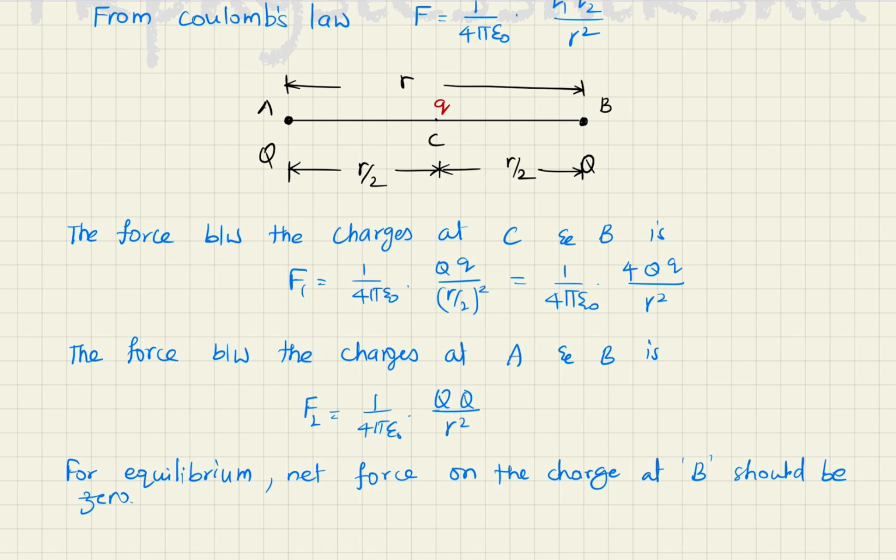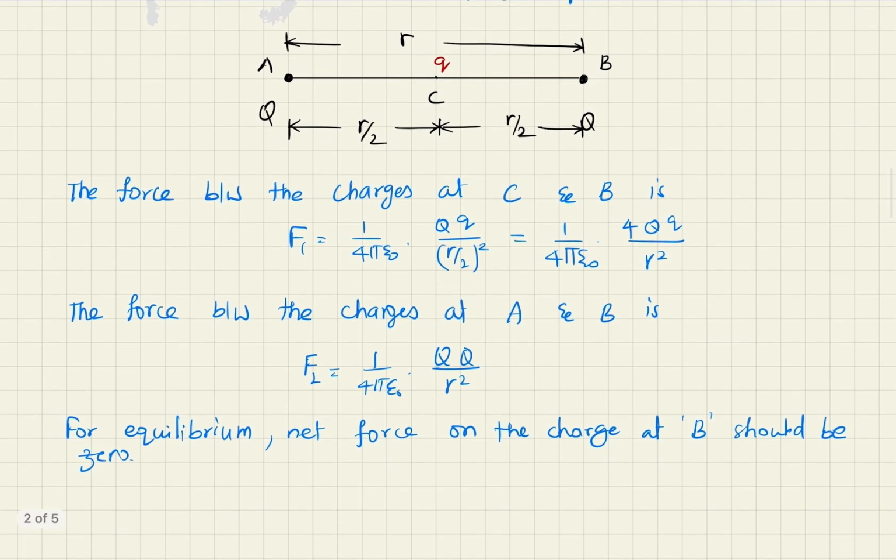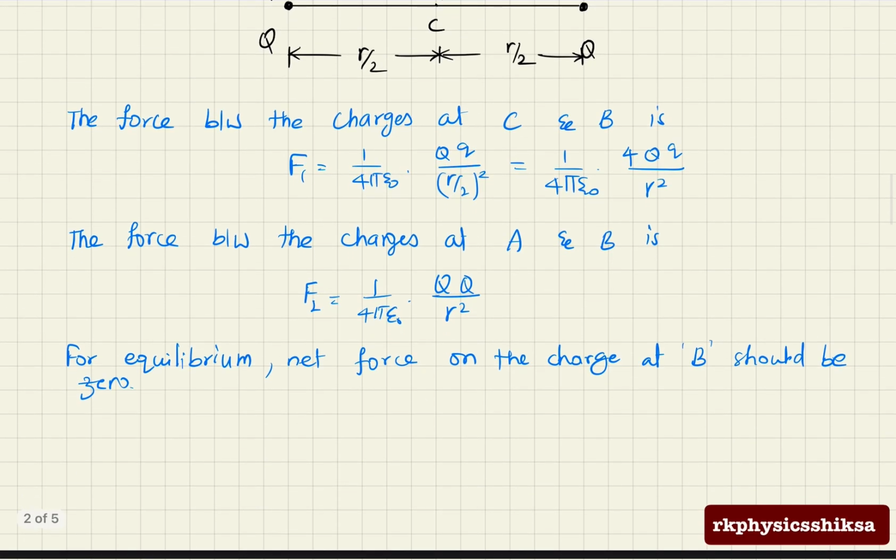I am taking the charge at B, but you can even consider the charge at A, follow the same method, and get the same solution. So F1 plus F2 should be equal to 0.